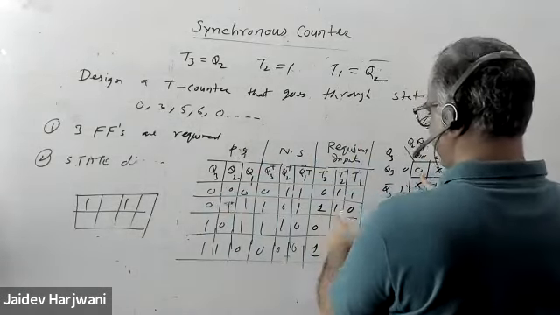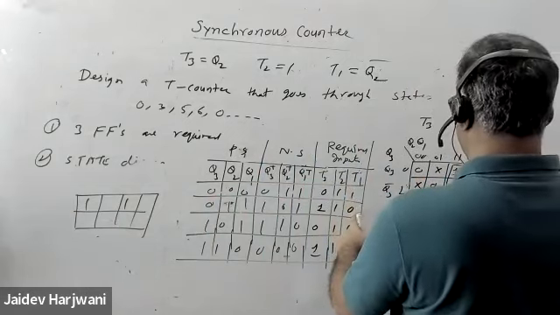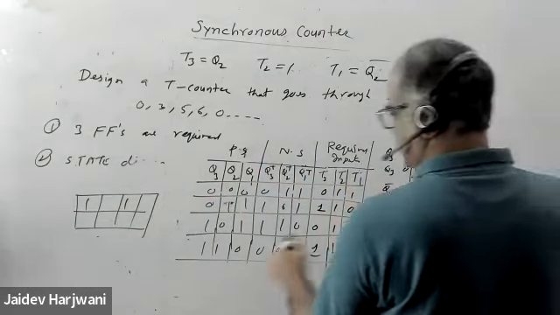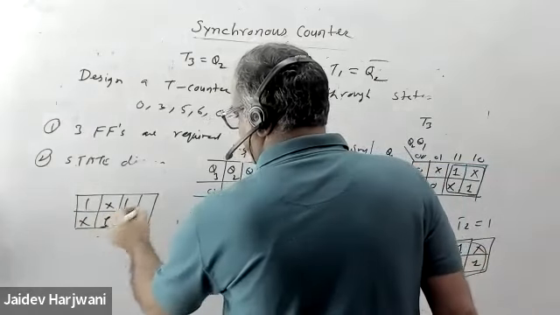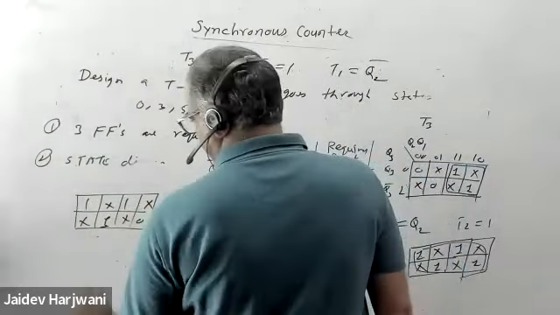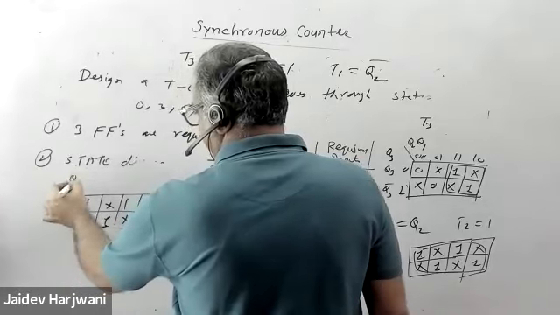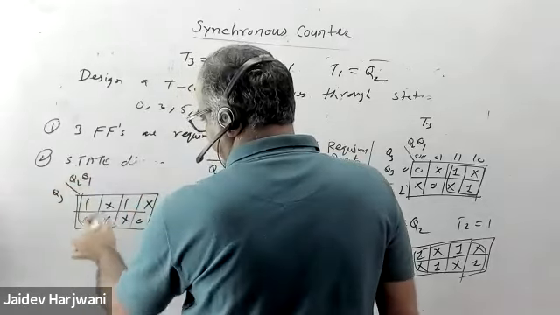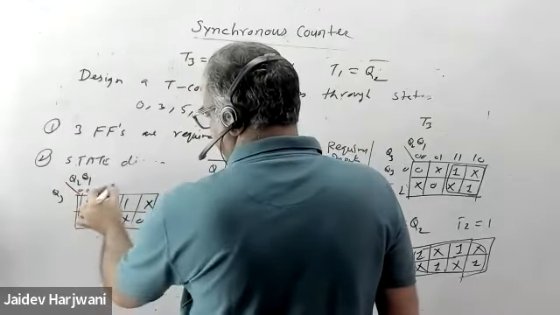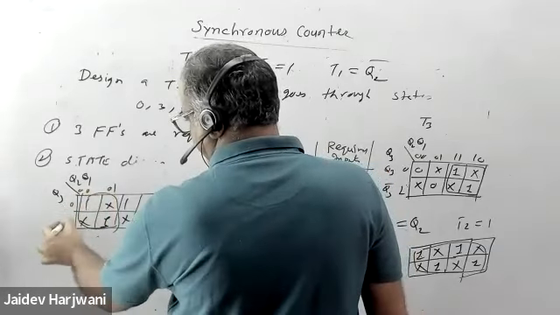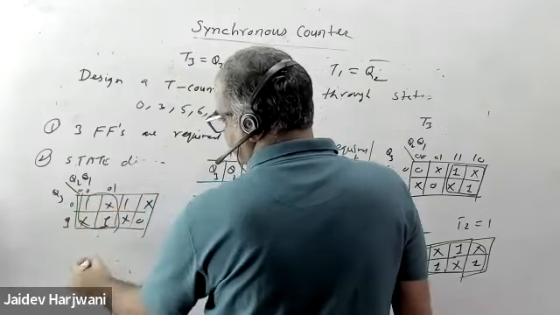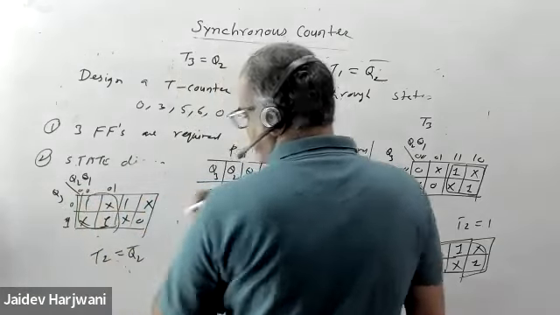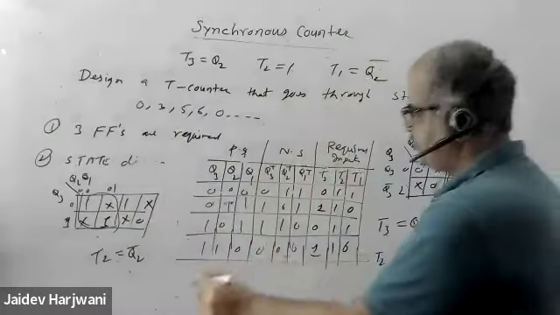So T1 is 1 0 1 0 1 0. This is my position, and this is Q3 Q2 Q1. Now this pair is forming. So 0 0 0, 1 0 1. Only what is common? 0 is common. So T2 is Q2 bar. T1 is Q1 Q2 bar.